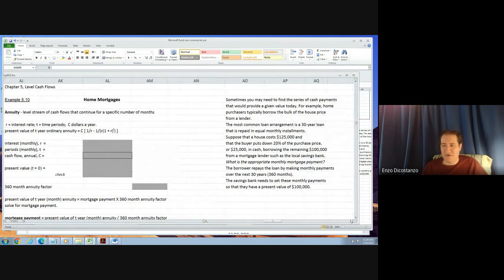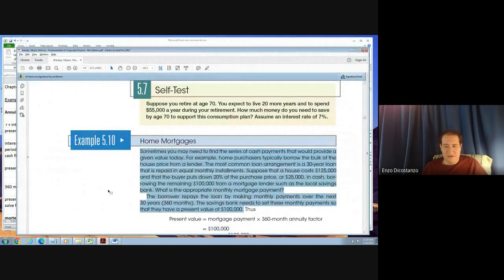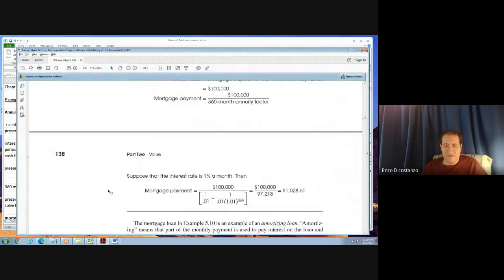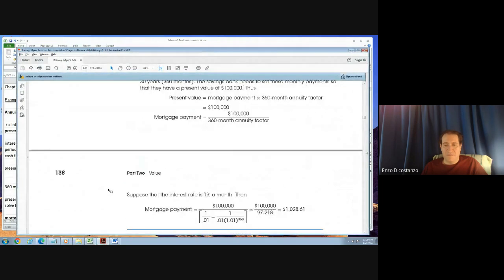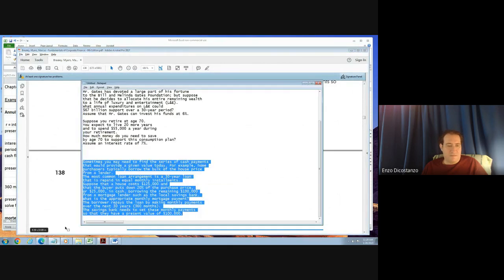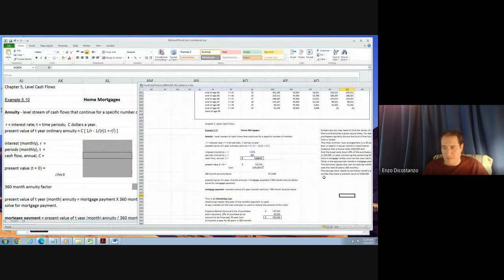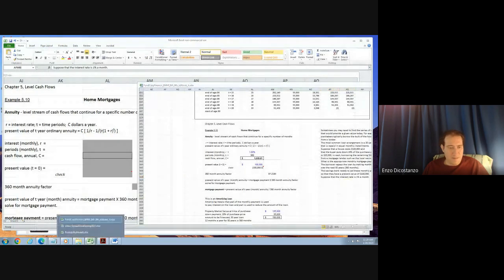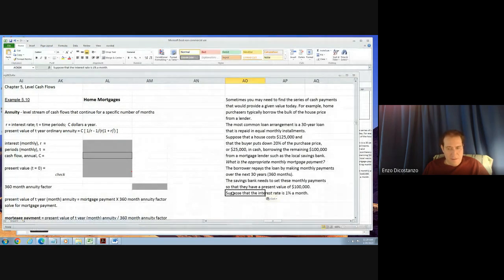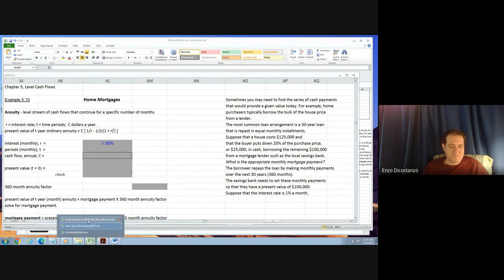Were we given an interest rate here? What does the book say? Suppose your monthly interest rate is a percent. So you're given that.